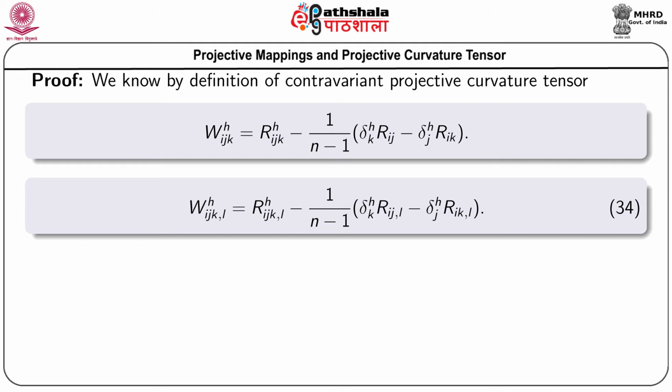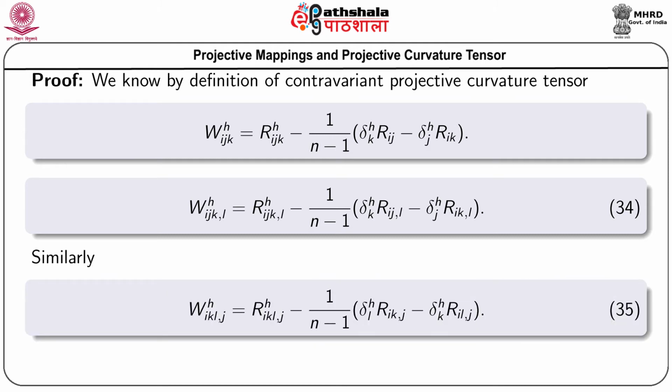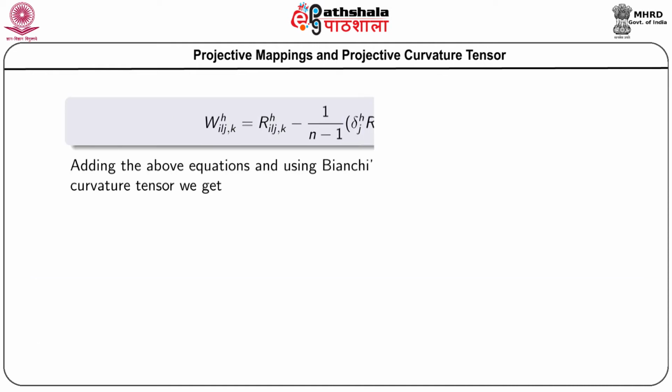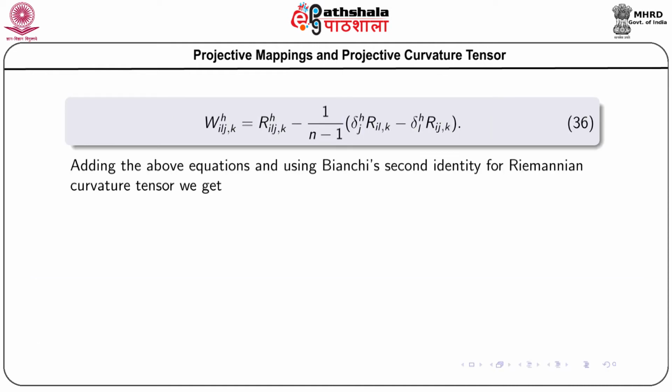Similarly, we consider the other two expressions, equation numbers 35 and 36. Now, adding all these three, we get the Bianchi second identity, and using the Bianchi second identity for the Riemannian curvature tensor for the first term, that is for R^h_ilj,k etcetera, we get this value.